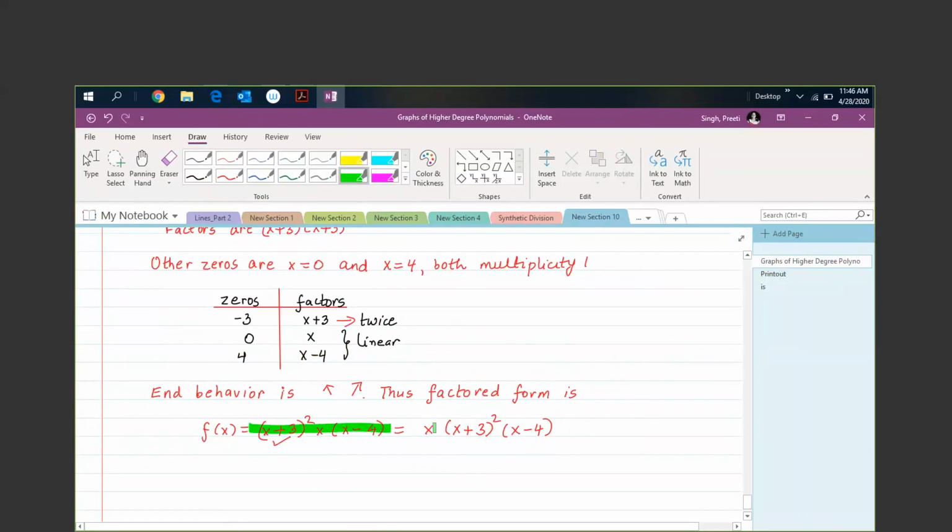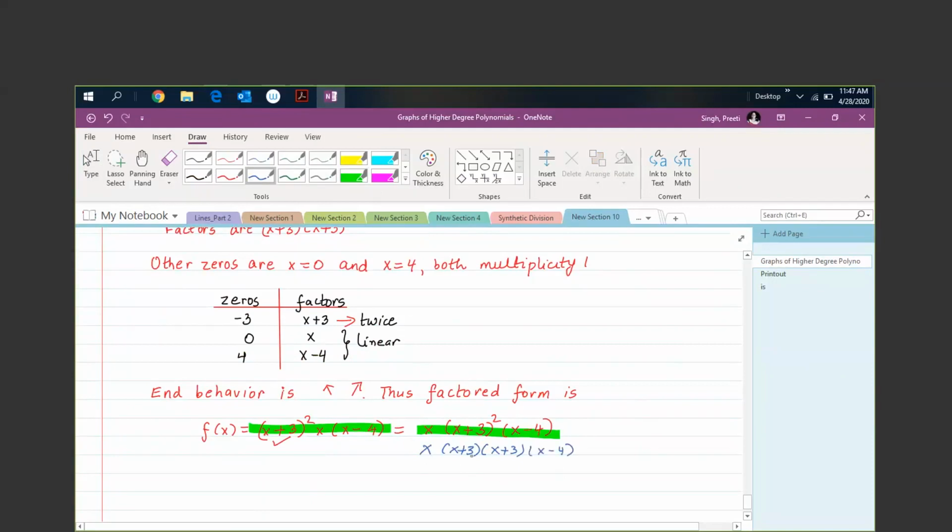Can you tell me what is the leader or the degree of this polynomial? If I multiply all the x's, what will be the leader of the equation? There is one x here, there is x plus 3 and x plus 3 here, and then you have x minus 4, right?